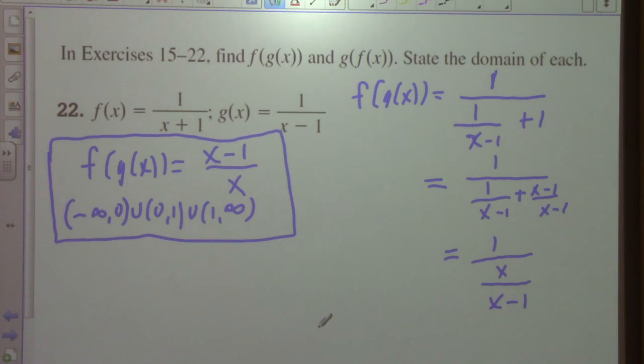And out of confession, I didn't work this out until you asked me to do that, but I got the answer from the book. And then for the other one, let's see, it's 22. You should get x plus 1 over x.